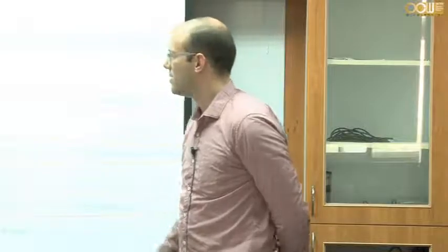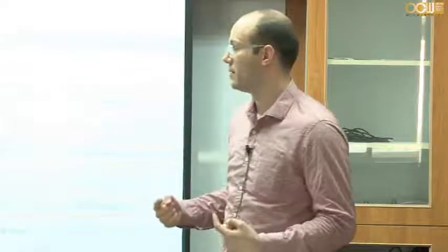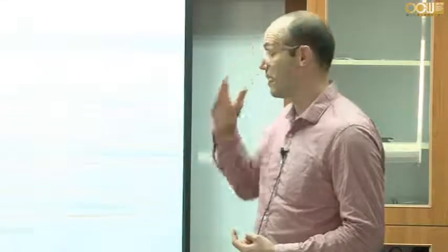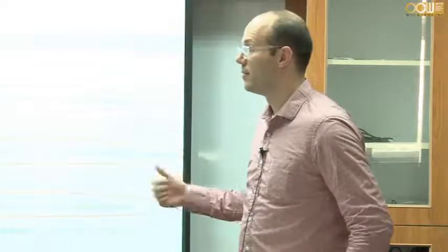VerbNet is all available for download, so I've downloaded it and stripped out all the semantics from their syntactic frames and remade VerbNet with pure syntactic frames with no semantics in it. So when I say that there are 376 syntactic frames, I mean when you get rid of all these semantic distinctions, they actually have more, but I stripped them out first.